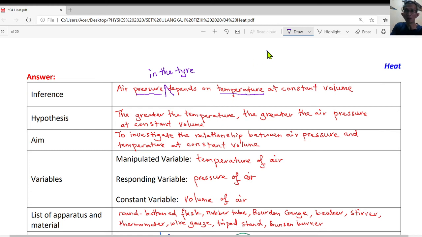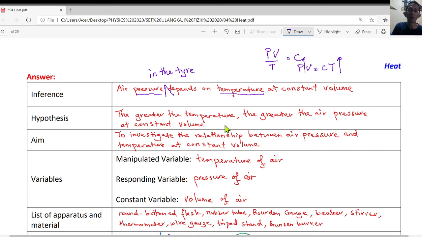Remember our PV over T is a constant from our universal gas law. So for pressure and temperature, I can write PV equals CT. When temperature increases, then my pressure also increases. So they are directly proportional, right? I do know that the greater the temperature, the greater the pressure.